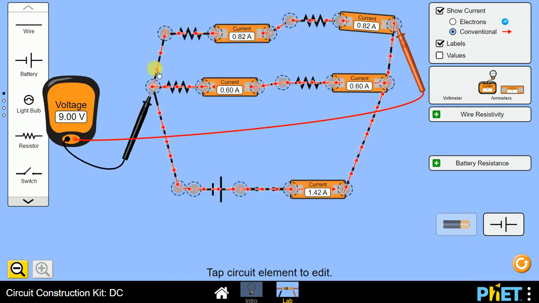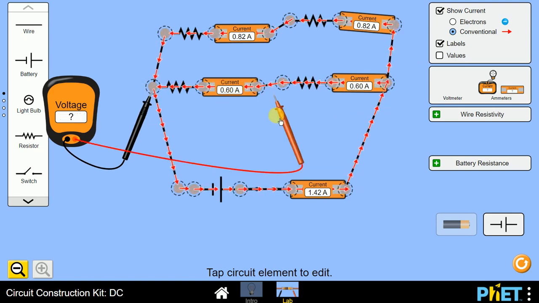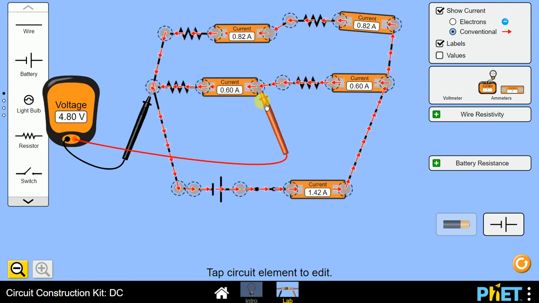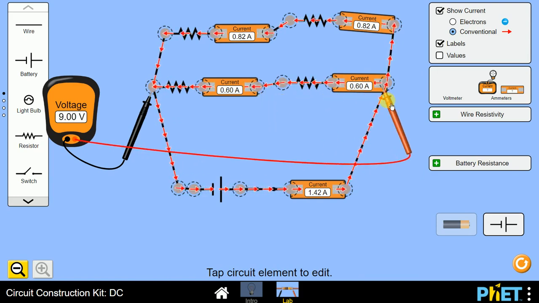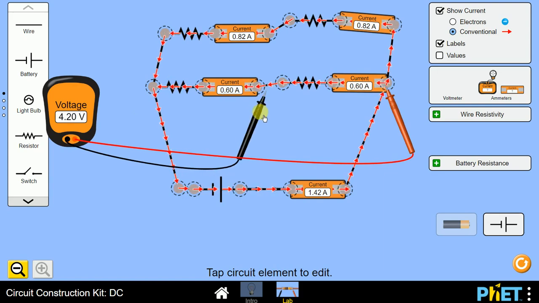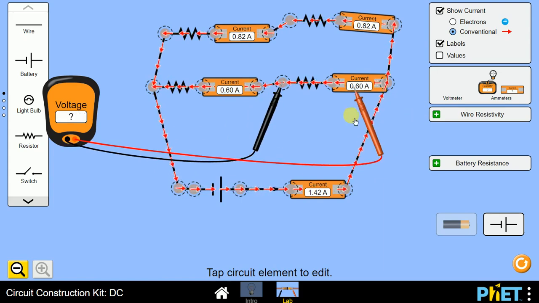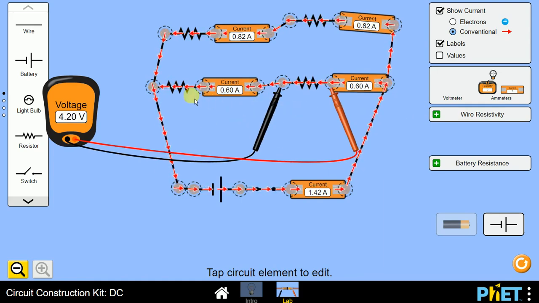So this end and this end are at the same potential, but this end is not at the same potential as this end. Why? Because these two are in series. Clear? Right? That's the thing.